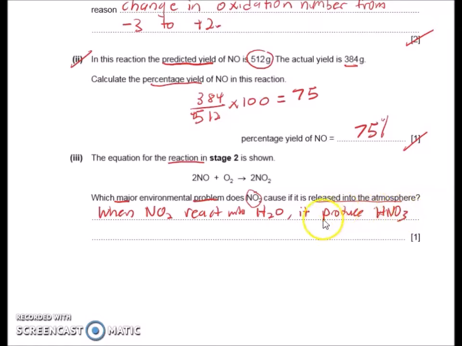Nitric acid, or you can simply say it will form acid rain. So this is one of the major environmental problems. So this is 1 mark here.